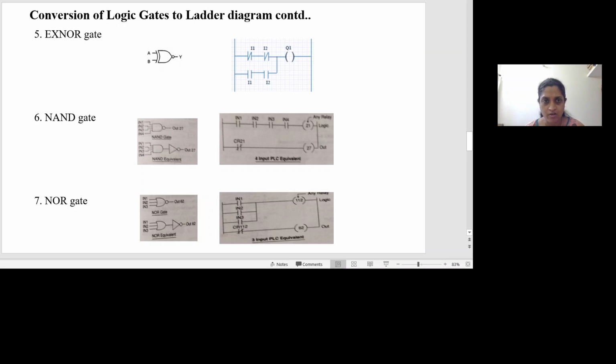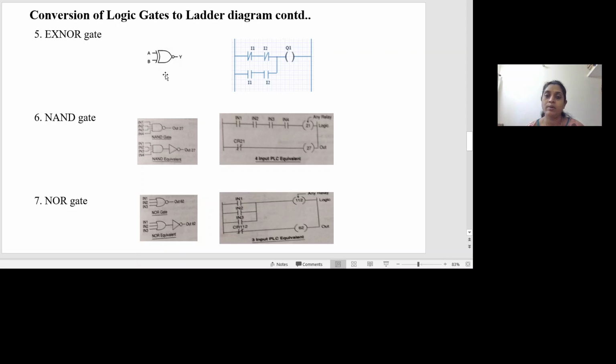Similarly, we can have a ladder diagram for the XNOR gate also. The XNOR symbol is shown here and the logic equation is Y equal to A XNOR B, and the XNOR operation is represented as a dot with a circle around it. So an encircled dot indicates an XNOR operation between the two inputs.